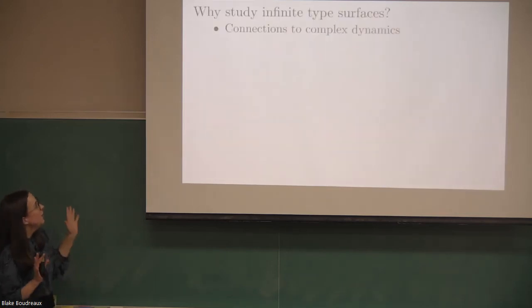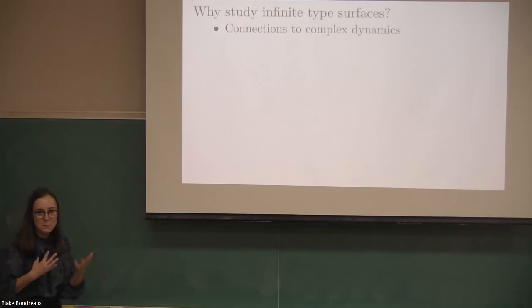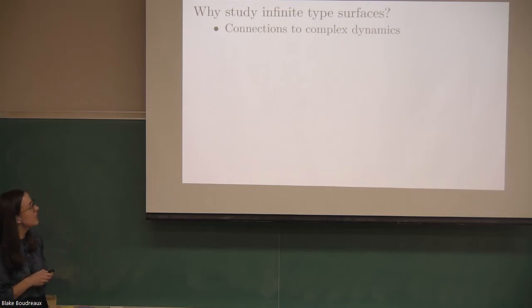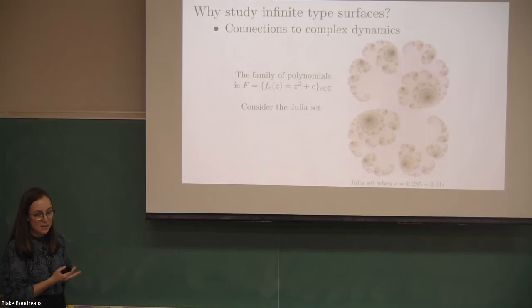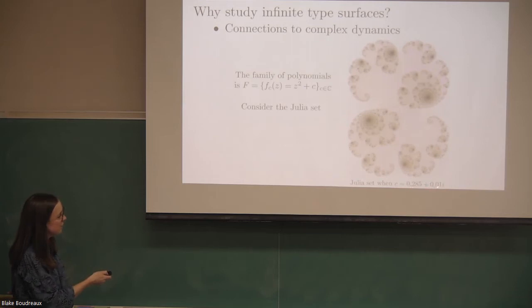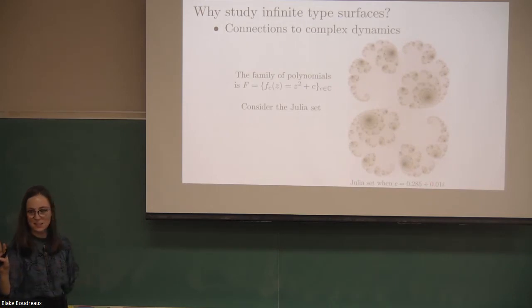So I really quickly want to go through why we would study infinite type surfaces in the first place, because this is a bit of a jump from looking at finite type things. The first thing is there's a pretty big connection to complex dynamics. So if you take the family of polynomials z squared plus c, you're able to define a Julia set for each parameter c. So this is a Julia set when c is equal to 0.285 plus 0.01i. And notice this is totally disconnected. It's Cantor dust.